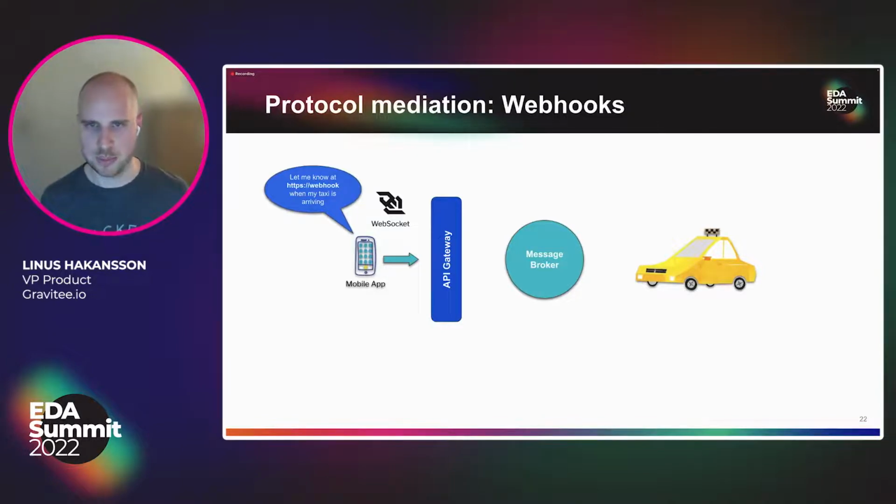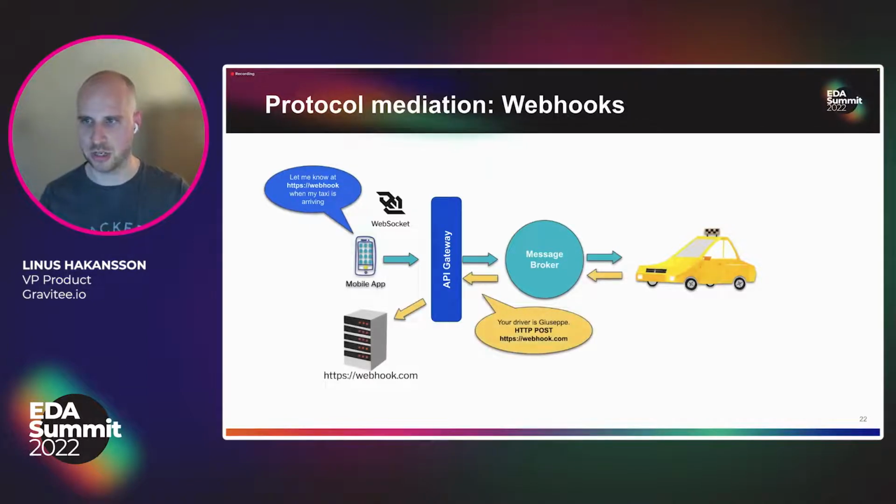So the mobile app is registering its intent to subscribe to a particular topic or subscription with the API gateway, telling it where my webhook is whenever there's an update. That is then registered and forwarded to the broker, making sure that whenever there's a new message or update, in our case a taxi driver update, that message is consumed by the gateway and sent to that mobile app's URL, the callback URL that was registered during the subscription phase.